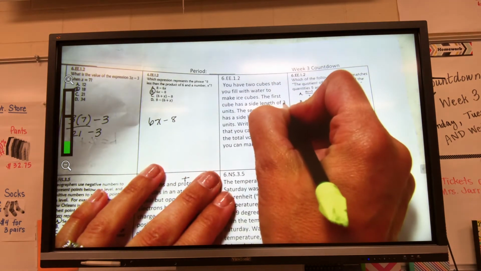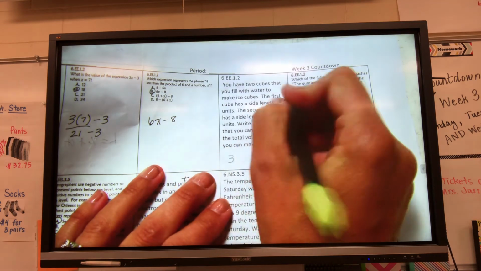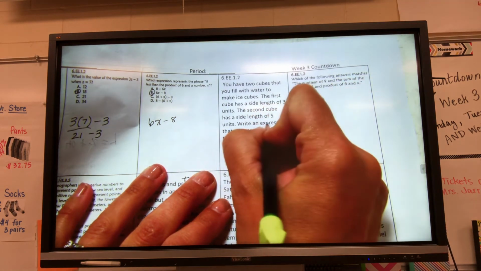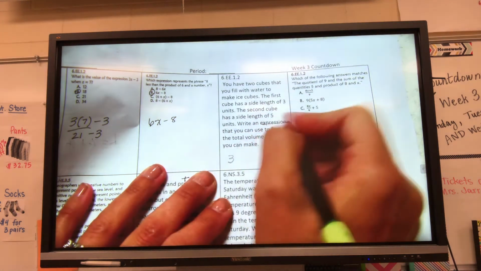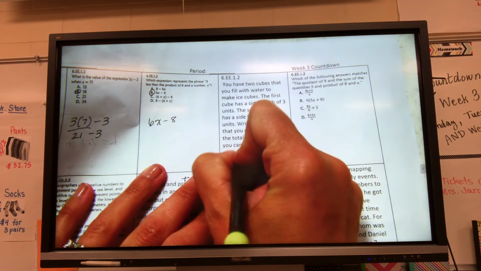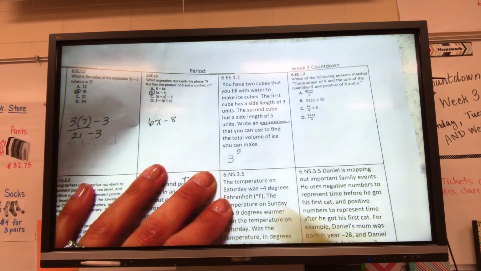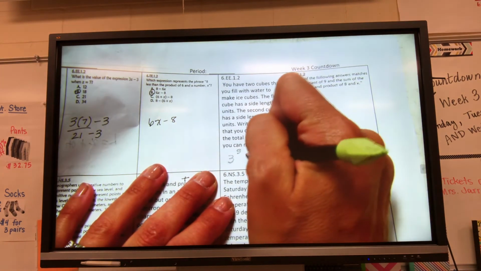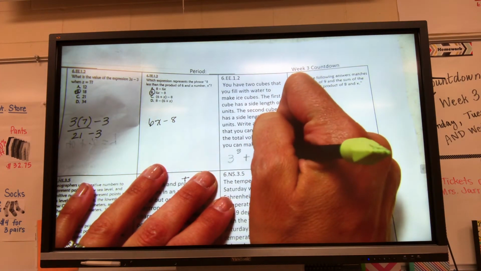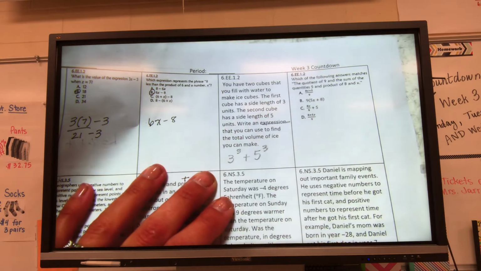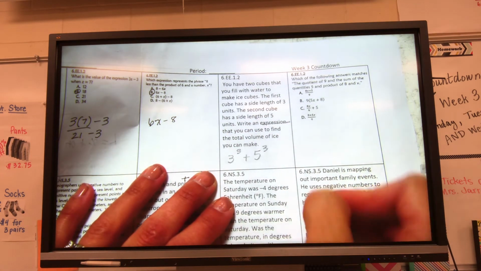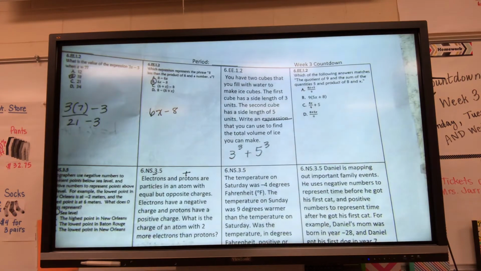So the first one is going to be 3 to the 3rd power, because when we're finding volume, it's 3 times 3 times 3. That's going to give us the volume for the first cube. Plus 5 to the 3rd. 5 times 5 times 5 is going to give us the volume for the second cube. So there's our expression for that one.